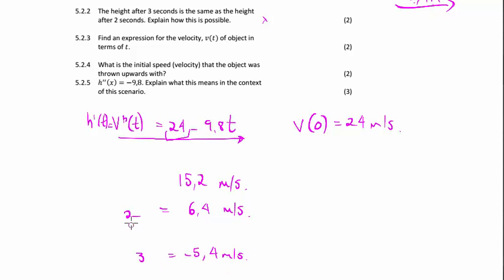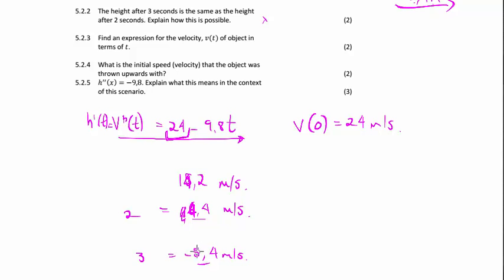Can you see here that somewhere in between it turned around? Somewhere between 2 seconds and 3 seconds. Are you losing from 24? Yes, you started with 24, then you lost 9.8, so it's 14.2, then this is 4.4.